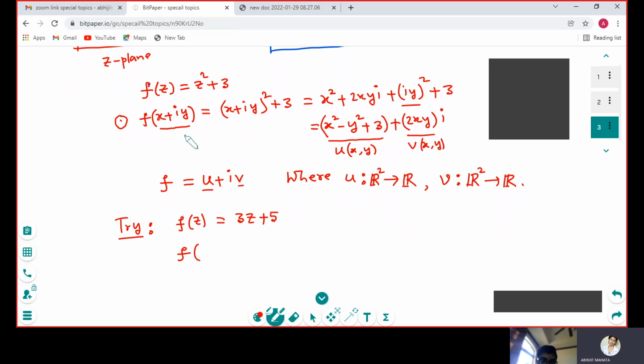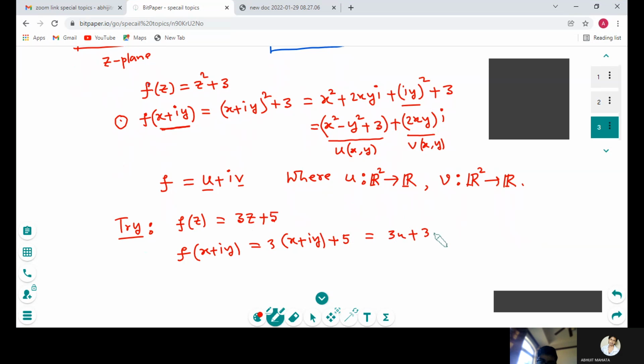How did we calculate it here? In the place of z, we put x plus iy. Here you try the same thing. So 3 times x plus iy plus 5, right? Then you rearrange the real and imaginary parts. What do you get? 3x plus 3iy plus 5.